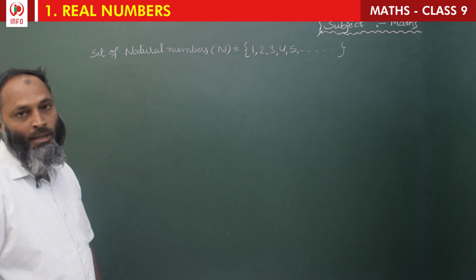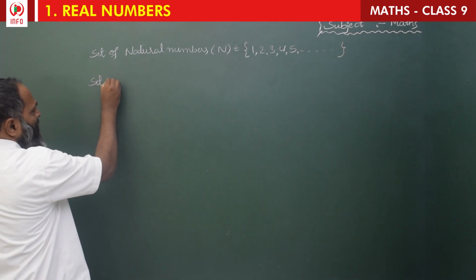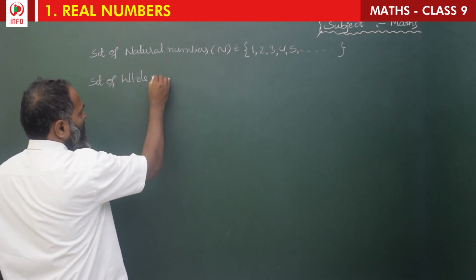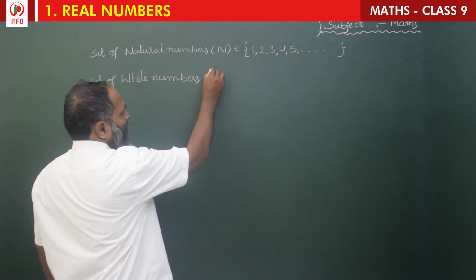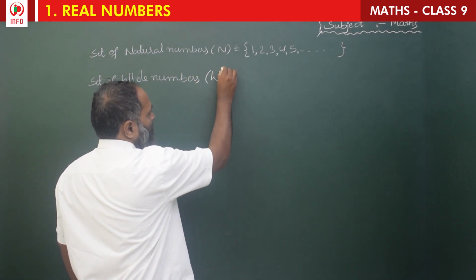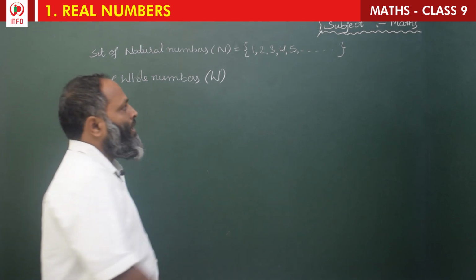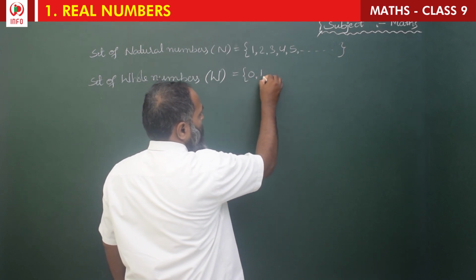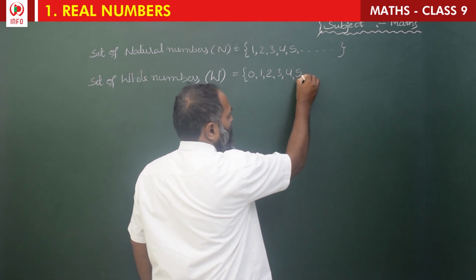Then after that, the set of whole numbers. So what are the set of whole numbers? The set of whole numbers is represented with a capital W. It starts from 0, 1, 2, 3, 4, 5 and so on.